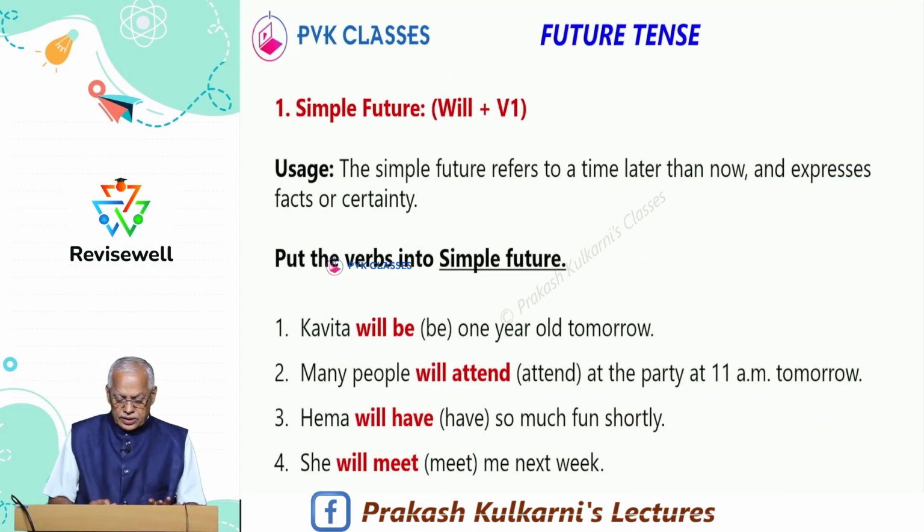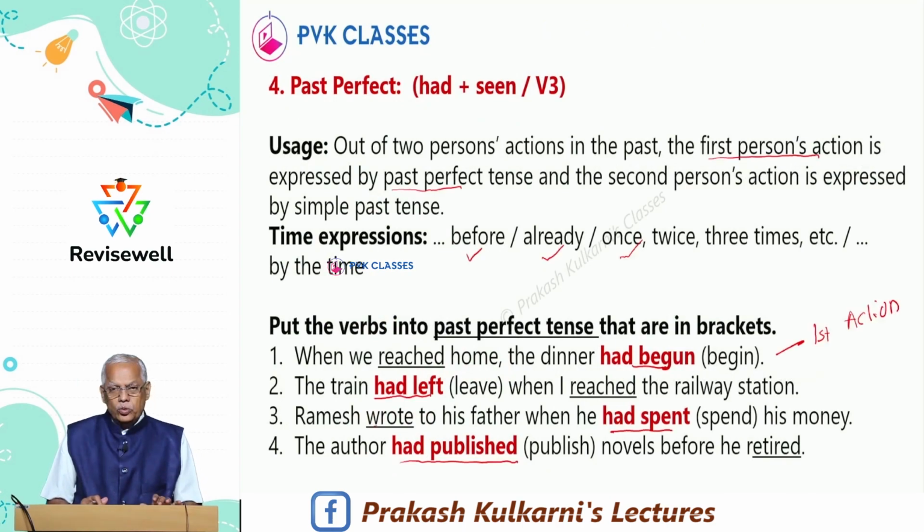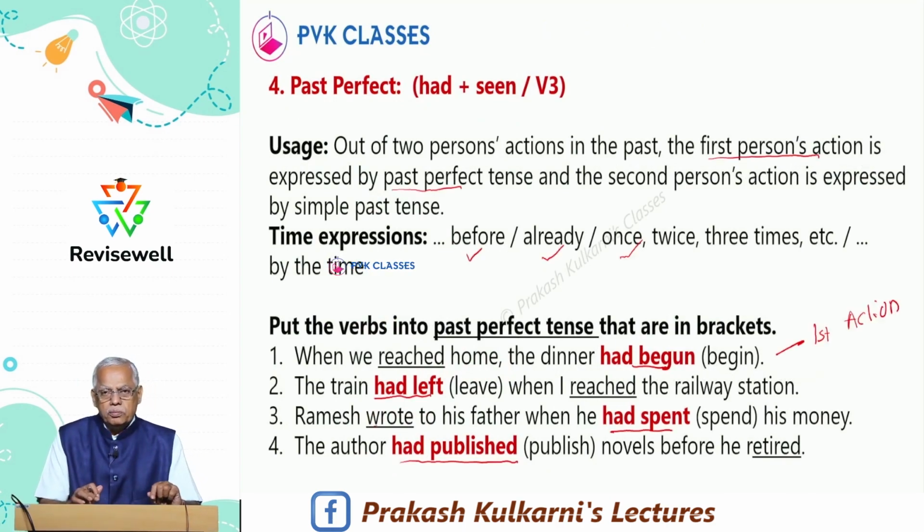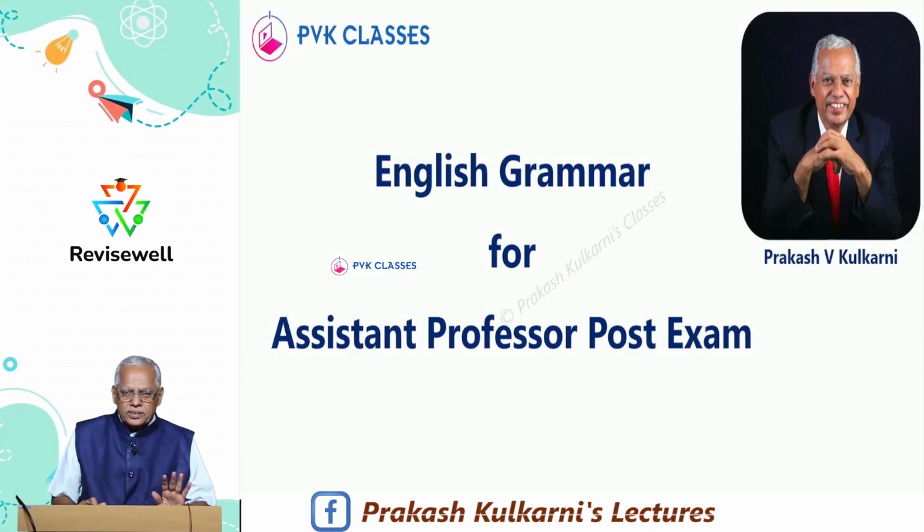With this, let me conclude. Past tenses: in present tense there are 4 and in past tense there are 4. Similarly, we have 4 tenses in future.